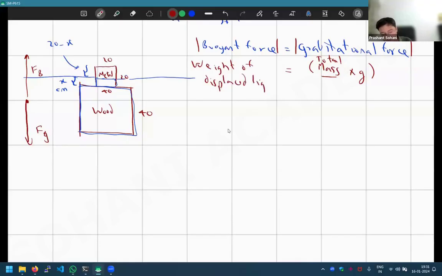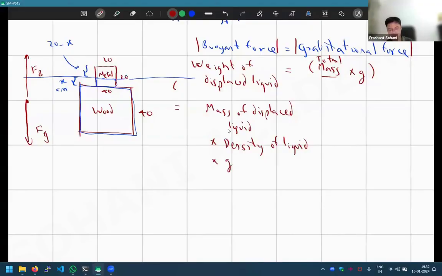And that itself can be written as the mass of the displaced liquid into, sorry, into gravity. I forgot gravity. Into g. So this is the left hand side, this is the right hand side.